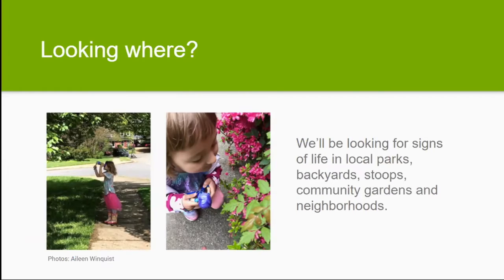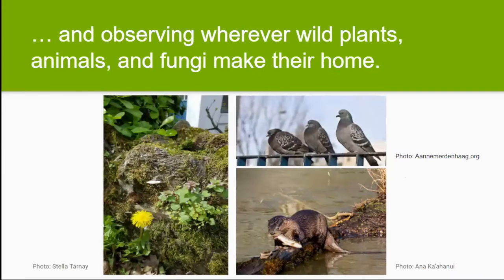We can document the centipedes in our basements and our garages. We can look in community gardens. We can look all over our neighborhoods in areas both paved and civilized, and also wild areas, of which there are many wonderful wild areas within that geographic region. So any place that wild plants or animals or fungi make their home, that's where we're going to be looking.